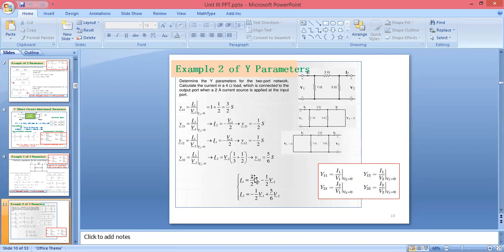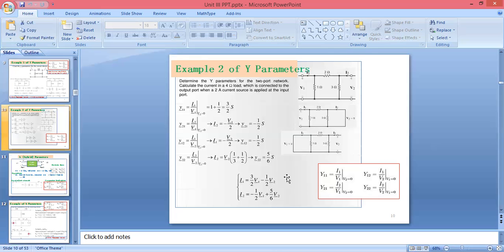Y11 into V1 plus Y12 into V2. So I can write 3/2, the Y11 value, into V1 as it is. The Y12 value was minus, so I can put minus 1/2 into V2. Again, you can take the equations for I2. And after solving these equations, you will get the values for I1 and I2.